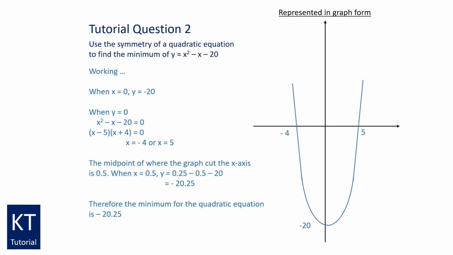By identifying the midpoint of these two x values, we get 0.5. We can identify the value of y when x equals 0.5. This takes us to y being minus 20.25, and therefore the minimum for the quadratic equation is minus 20.25.